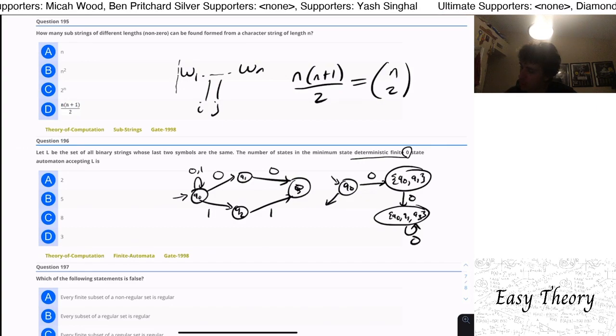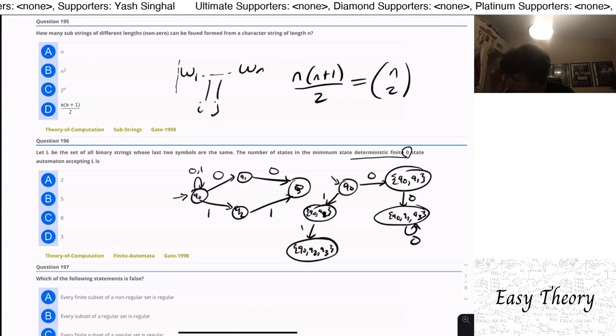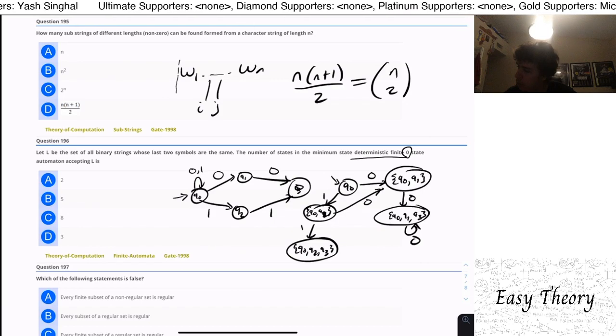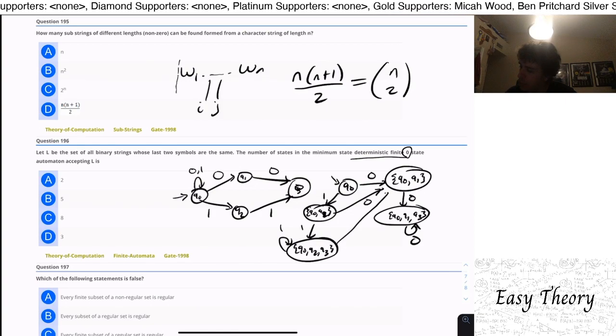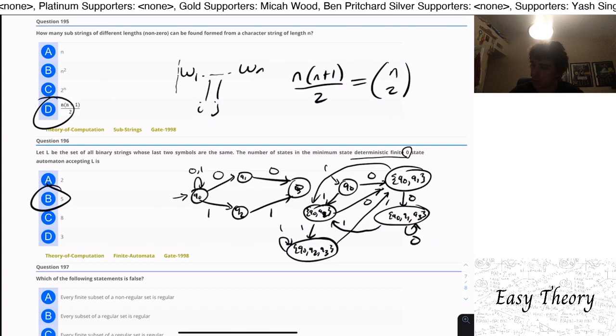On 1, it would go to Q0, Q2. And for the same reason, on 1, it'll go to Q0, Q2, Q3. On 0 from Q0, Q2, it'll go over here. The 1 will stay here for sure. On 0, it'll go back over to here. And on 1, it'll go over here. Yeah, so you can get it on 5 states. Oh, I forgot to circle that one.